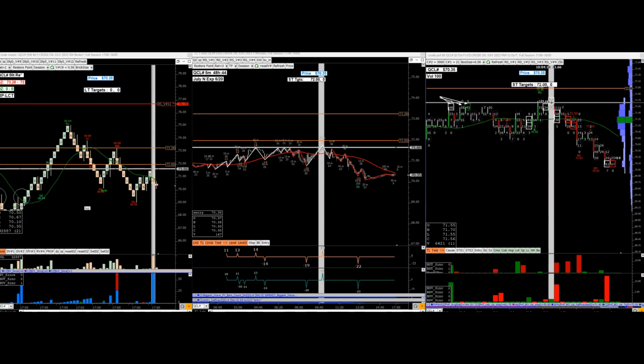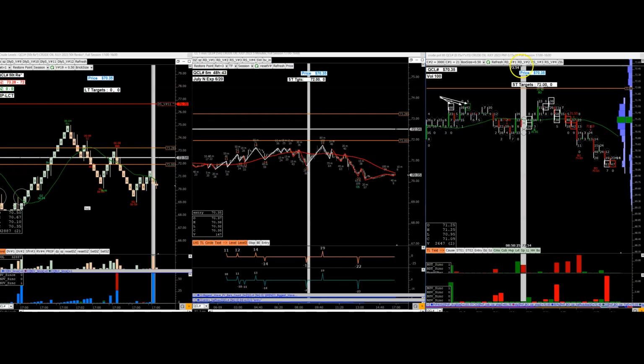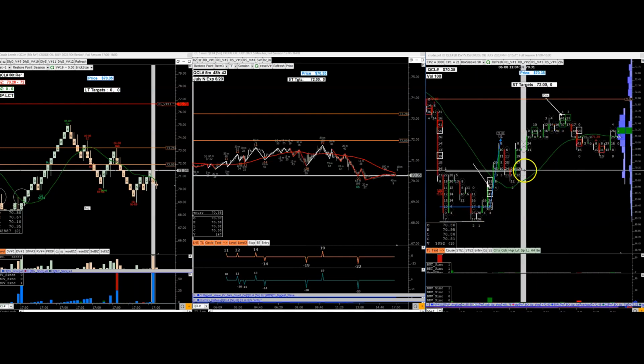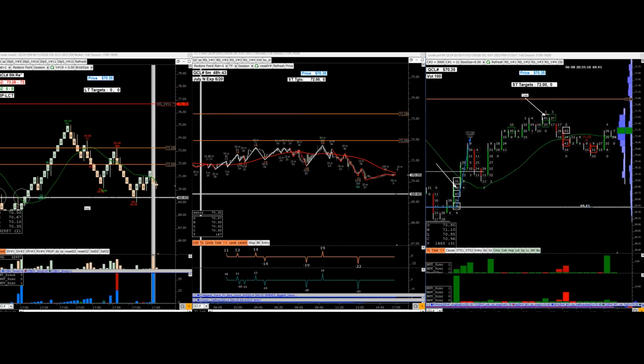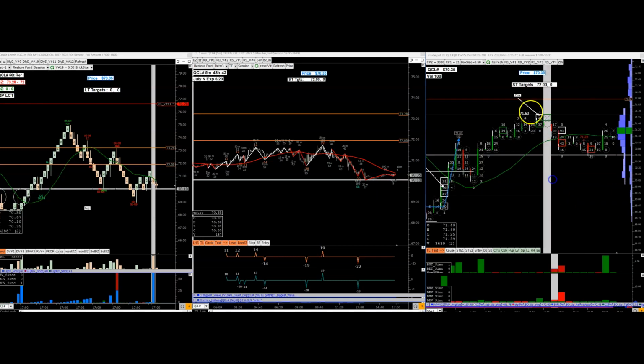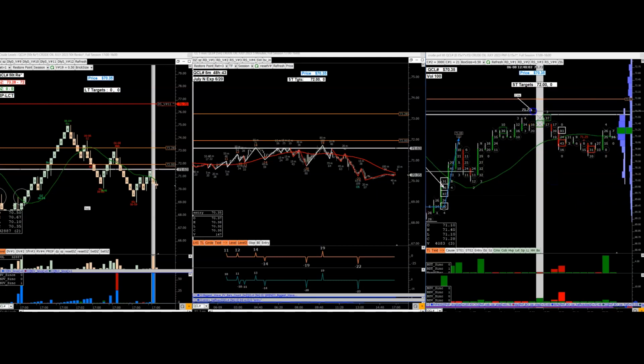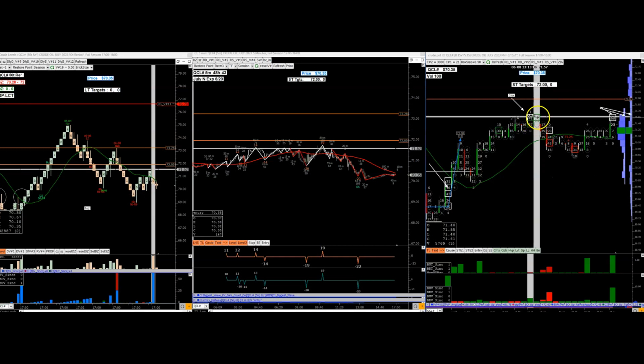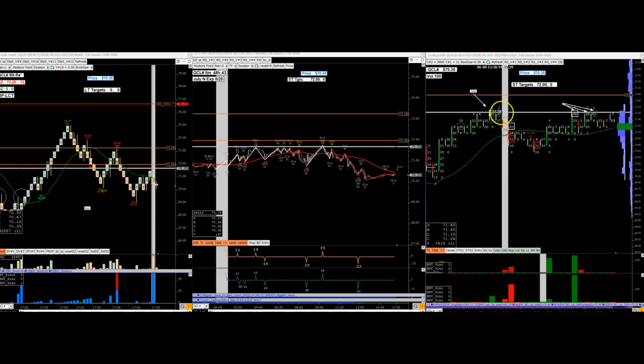Anyway, this looks like a lot of ranging today. So crude, not really a great example because the move already had occurred here. That was the climax right there. You see that time to get out, the retest.